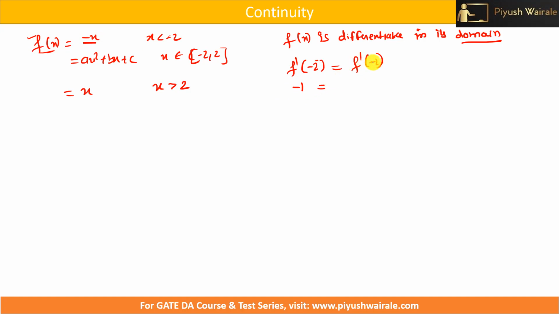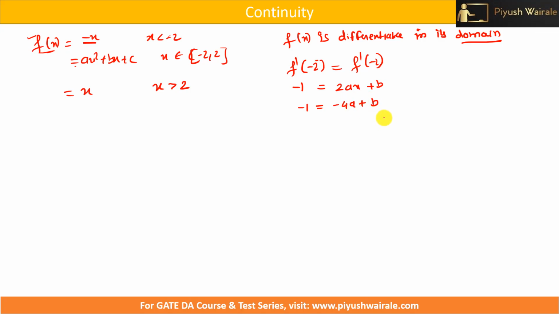Now f dash of minus 2. This function ax square plus bx plus c is defined for minus 2, so simply differentiate this and put the value of x here. So what will I get? 2ax plus b, right? I need to put the value of minus 2 here. So what will I get? Minus 1 equals minus 4a plus b.